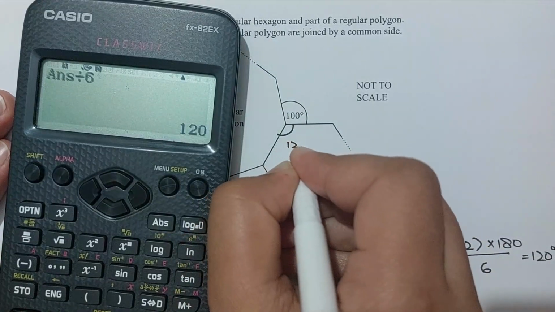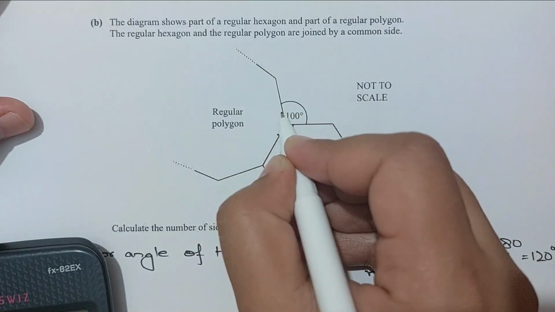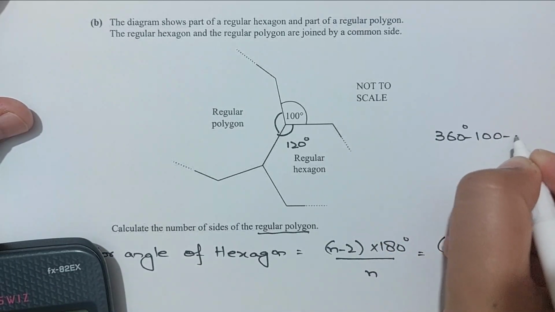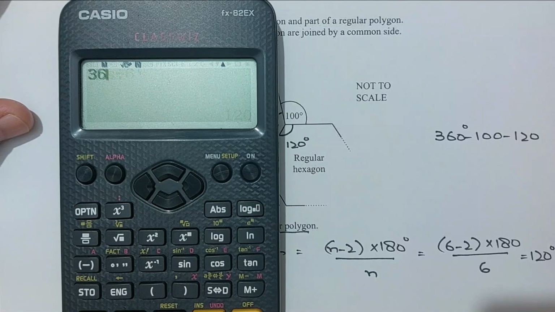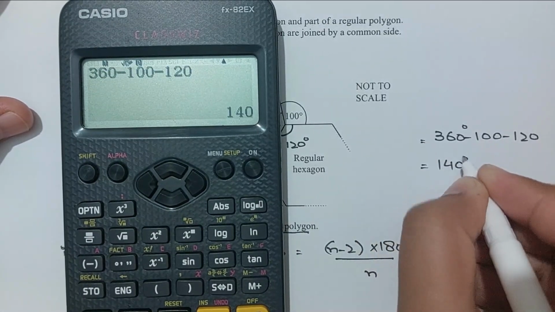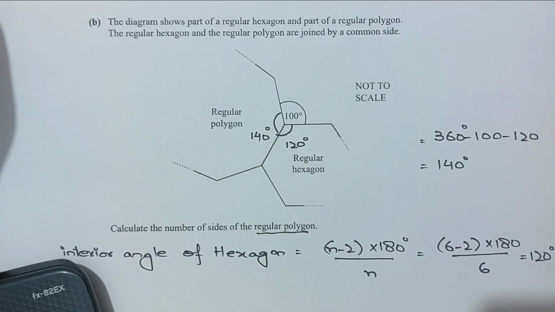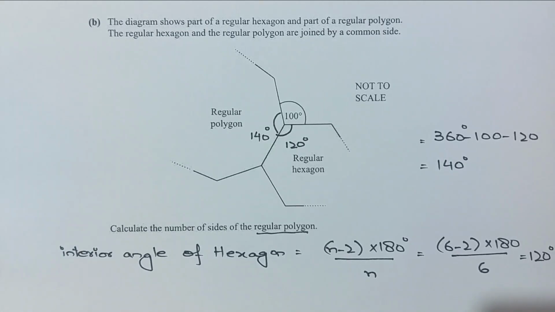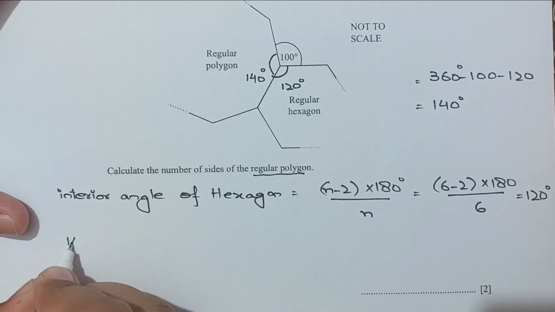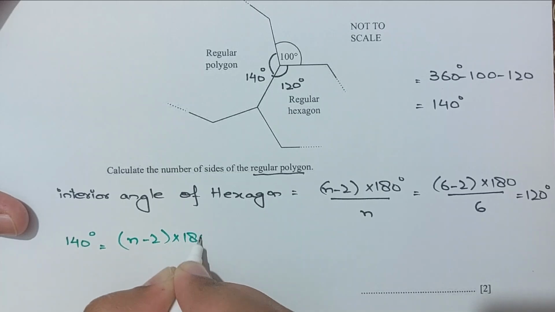Each interior angle of a regular hexagon is 120 degrees, right? And the whole circle is 360. So from 360, take away 120, take away 100, this is 140 degrees. So our regular polygon has an interior angle of 140 degrees, and we have to find the number of sides of that polygon. The interior angle of a regular polygon is (n minus 2) times 180 divided by n.